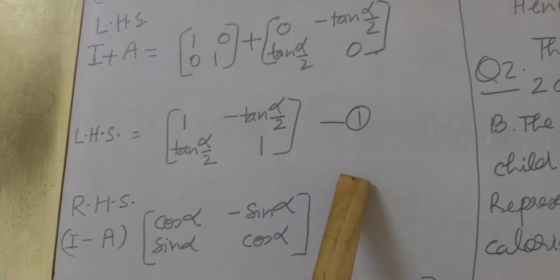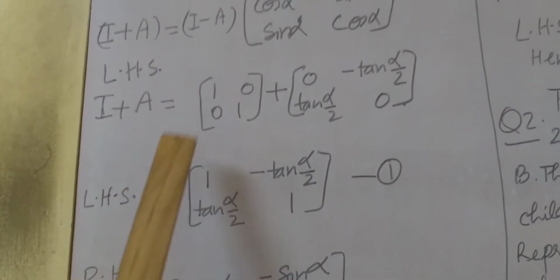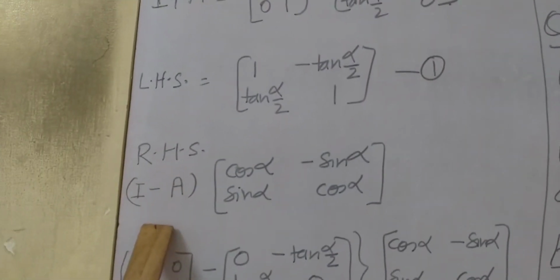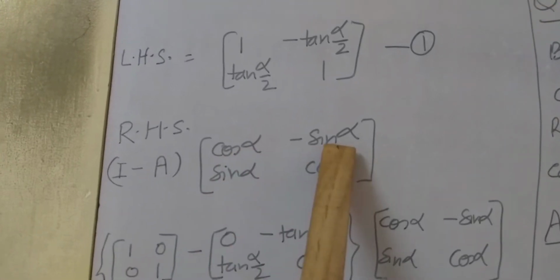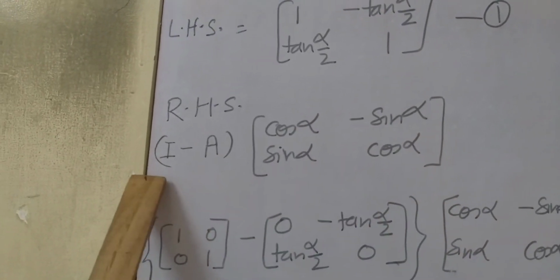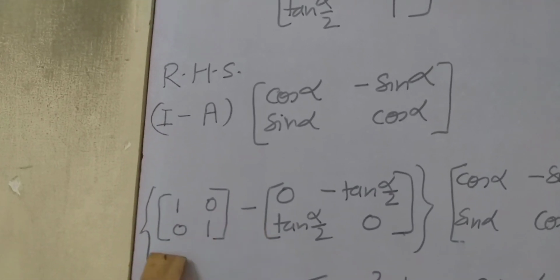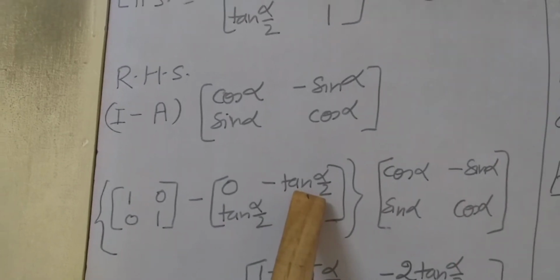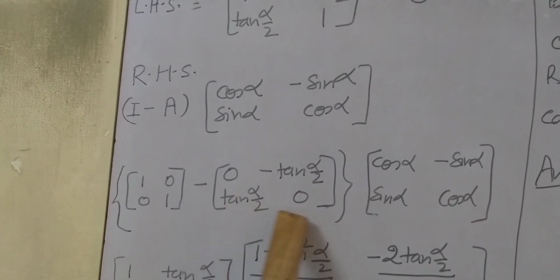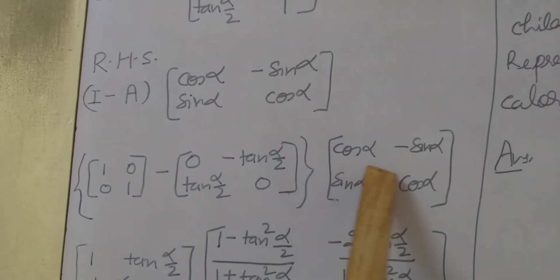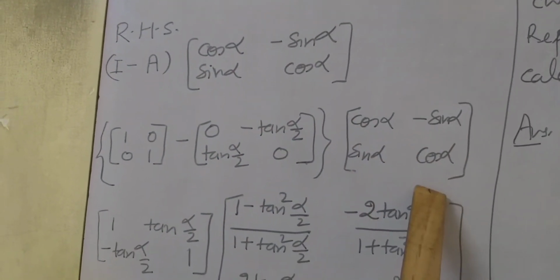Suppose equation number 1. Now RHS, students, you can see here, this is RHS. I minus A times [cos alpha, minus sin alpha; sin alpha, cos alpha]. Let us put the value here. I value [1 0; 0 1] minus A value [0, minus tan alpha by 2; tan alpha by 2, 0], and this part will remain as it is, [cos alpha, minus sin alpha; sin alpha, cos alpha].